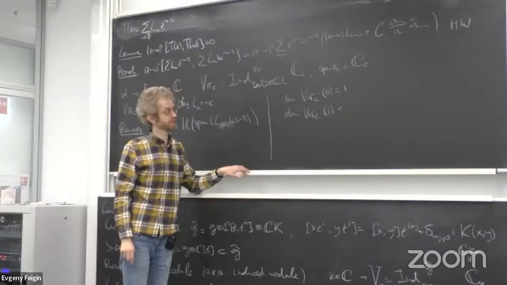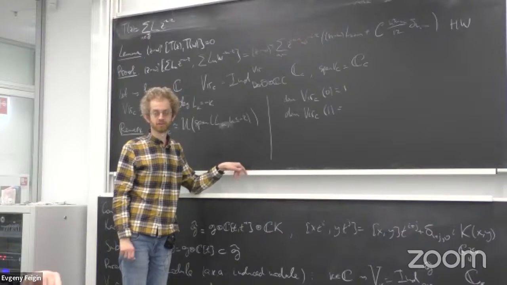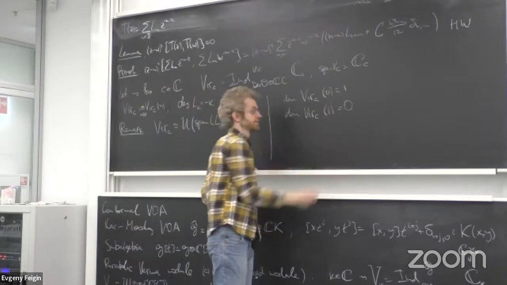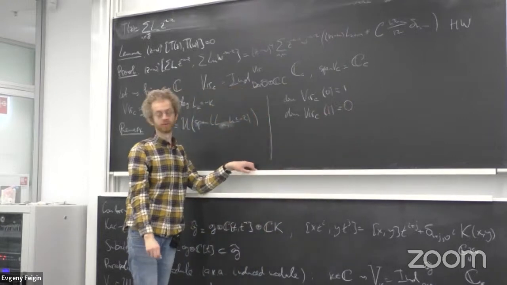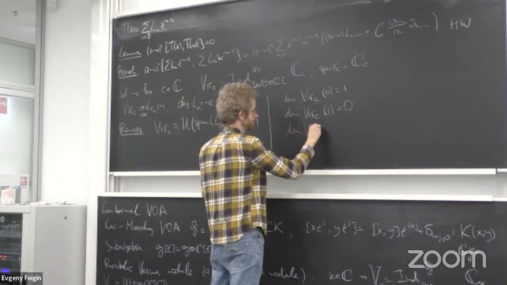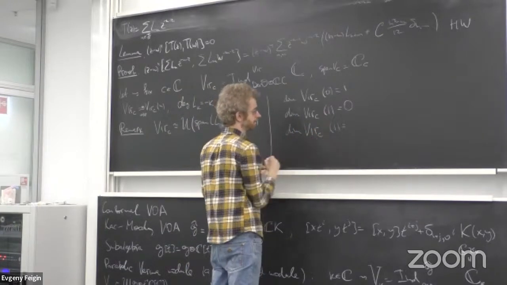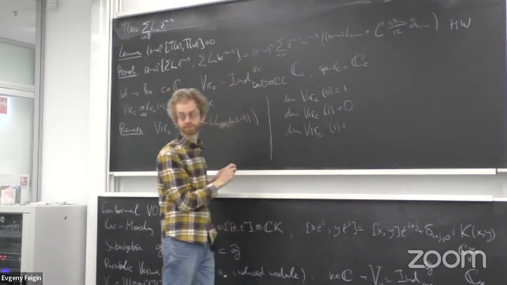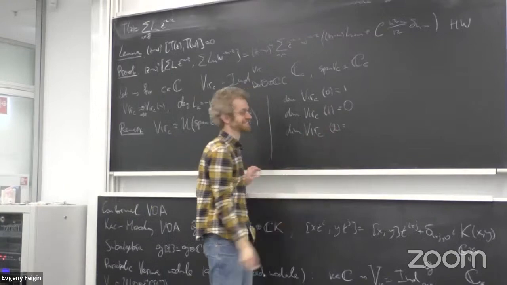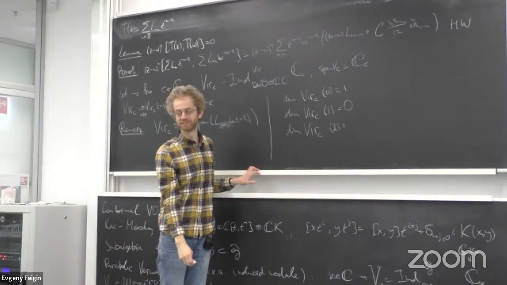Okay, this is one suggestion. Any other suggestions? Is it clear why this is 0? And what about the dimension in degree 2? What is the dimension? 1.